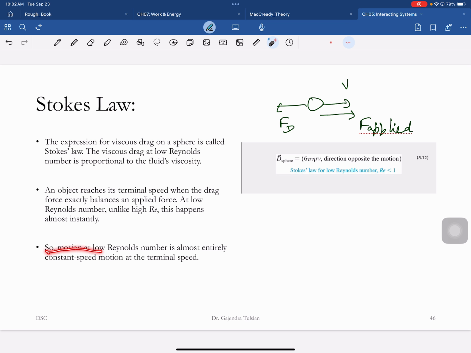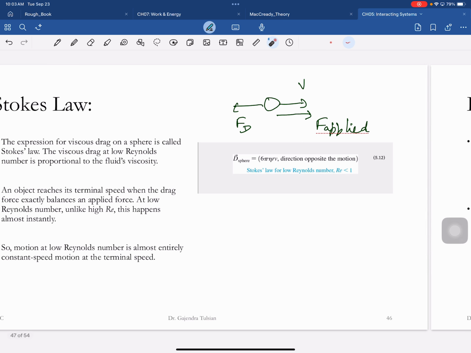So motion at low Reynolds number is almost entirely constant speed at the terminal speed. Small microorganisms moving in water are always moving at terminal speed. As soon as they start applying effort, they reach terminal speed, and as soon as they stop applying effort, they stop.